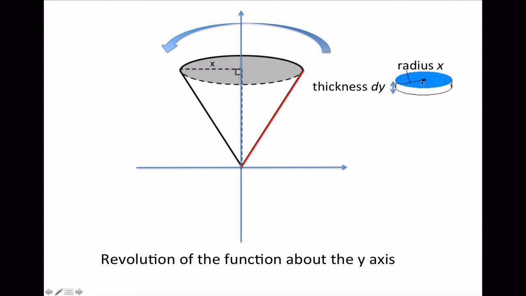So the area of this thin disk is pi x squared and the volume is dV equals pi x squared dy. For the volume of the whole cone, integrate from 0 up to our stopping point y0, pi x squared dy, all these little disks right up to the stopping point y0.